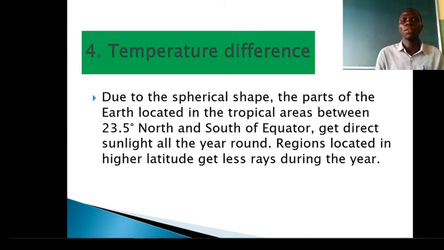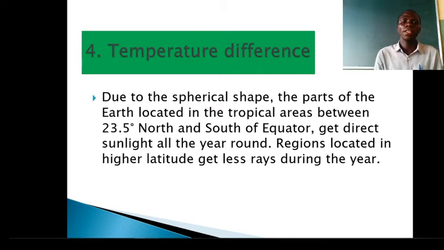Due to the spherical shape of the Earth, the parts of the Earth located in the tropical areas between 23.5 degrees north and south of the equator, they get direct sunlight all the year around. Regions near equator or regions between tropics, I mean the Tropic of Cancer and the Tropic of Capricorn, they experience direct sunlight throughout the whole year.